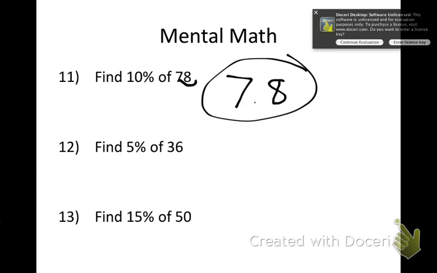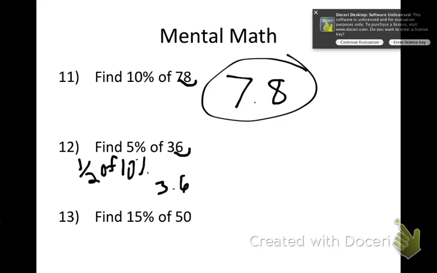So number 12 here, I have 5% of 36. How can you get to 5% using the 10%? What's a way you can do that, Jarrett? Yeah, 5% is nothing more than half of 10%. So to think about that, like you said, I'm going to move the decimal and get 10%.